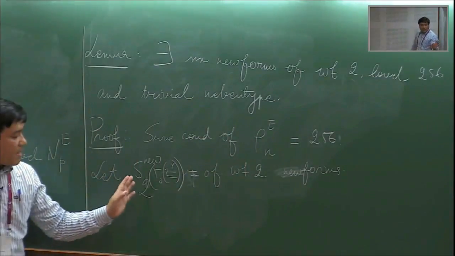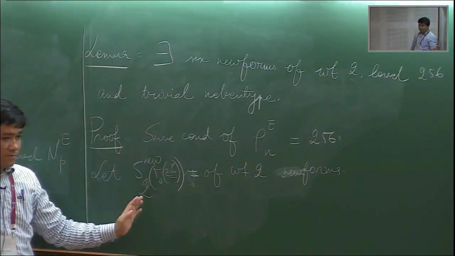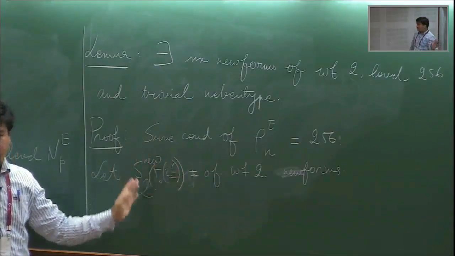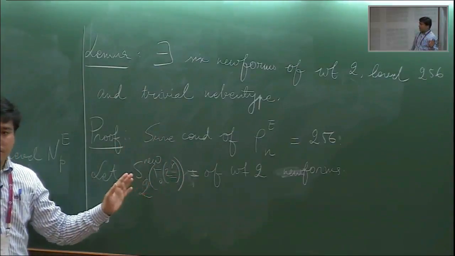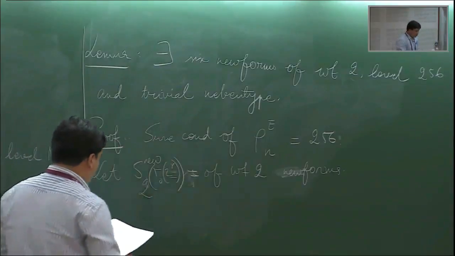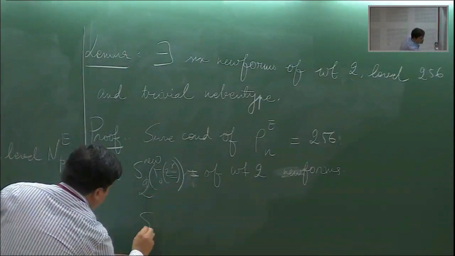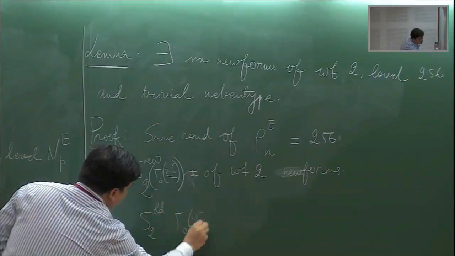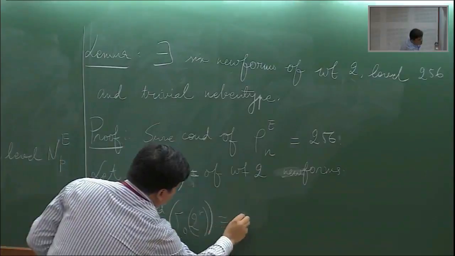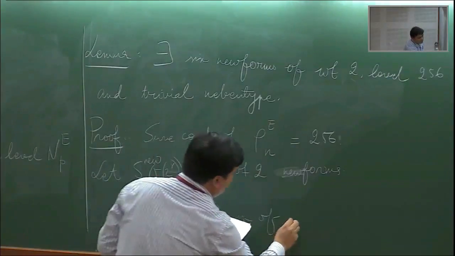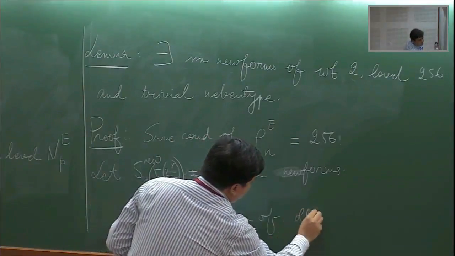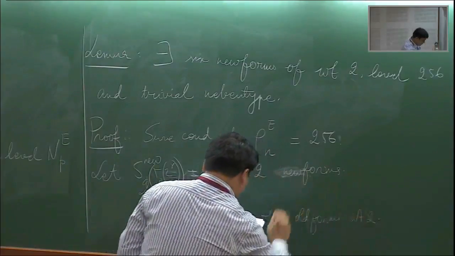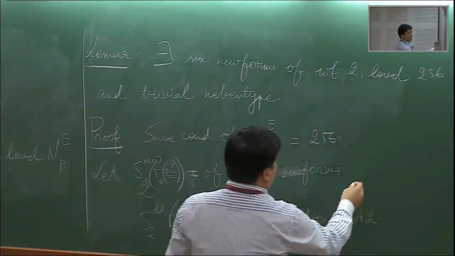So the orthogonal complement of this subspace inside the full space of cusp forms, okay? The orthogonal complement, that's called the space of oldforms, okay? And S_2 old Gamma_0(2^r). So this is the space of oldforms of weight 2. Okay?